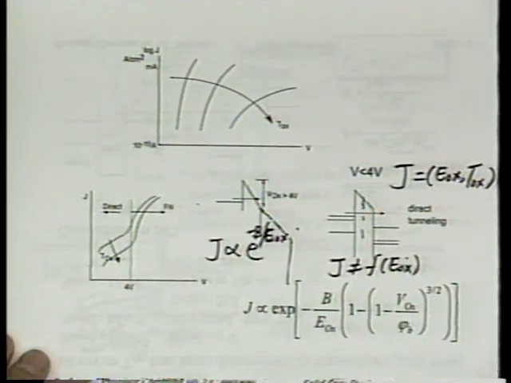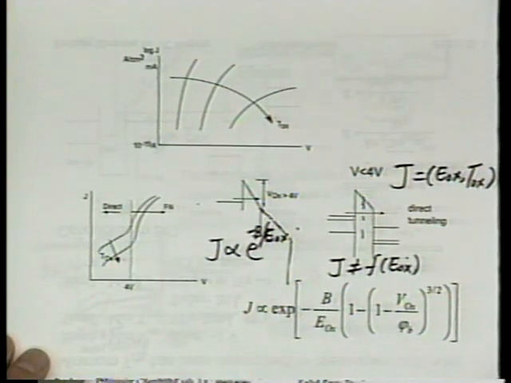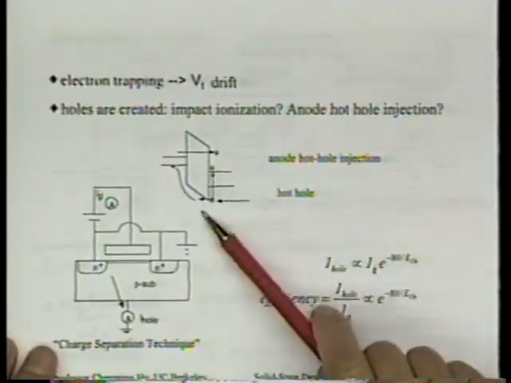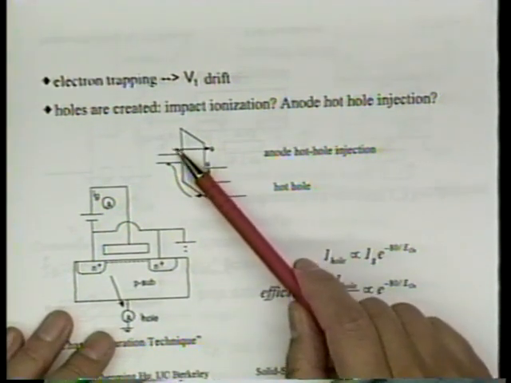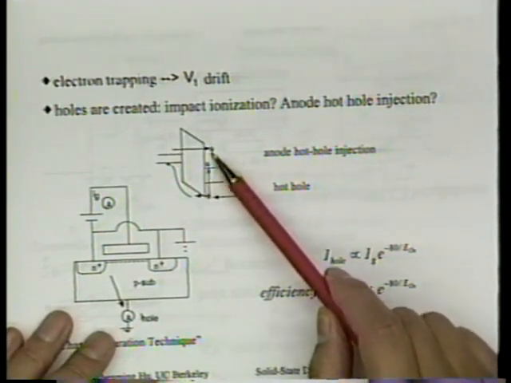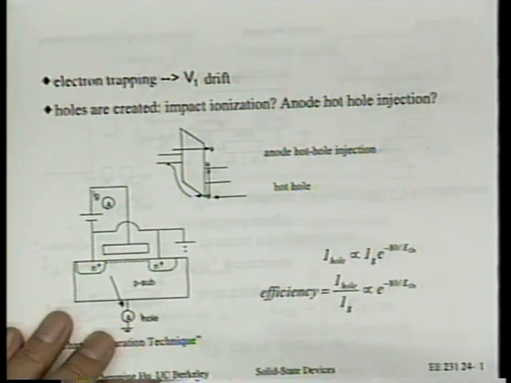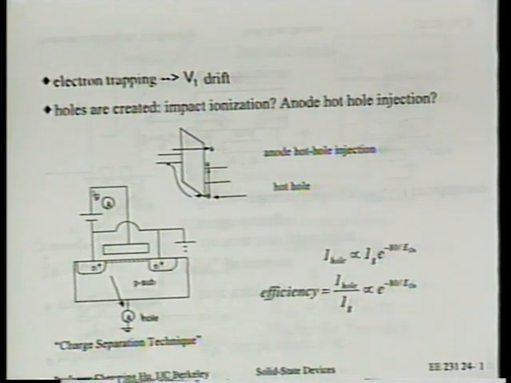If you apply less voltage, isn't it possible that actually fewer holes will be created? Especially if you use the so-called anode hole injection model. You see? And the hole injection model says when the electrons arrive at the anode, there's certain energy available, right? That energy depends on the voltage applied more so than the field applied. You see that?